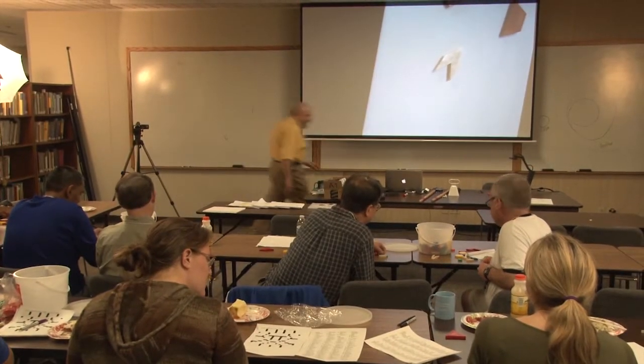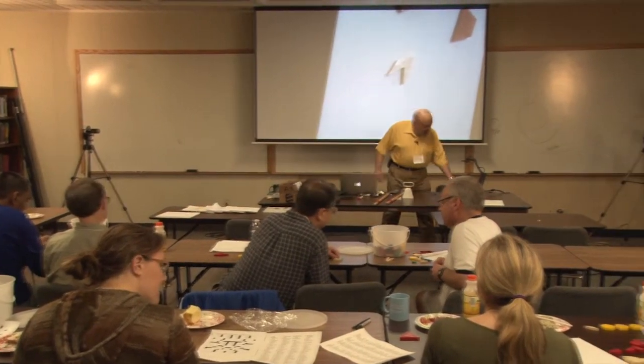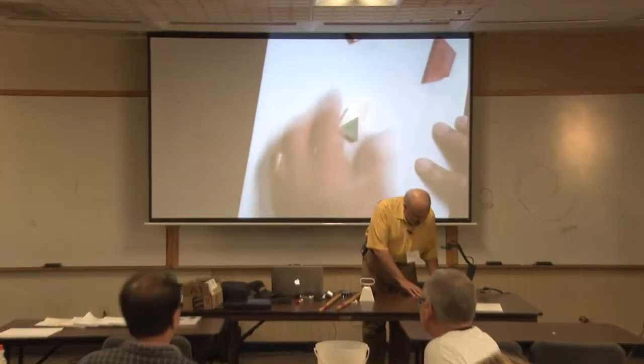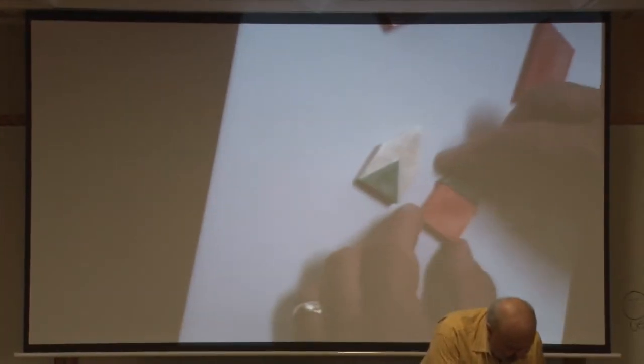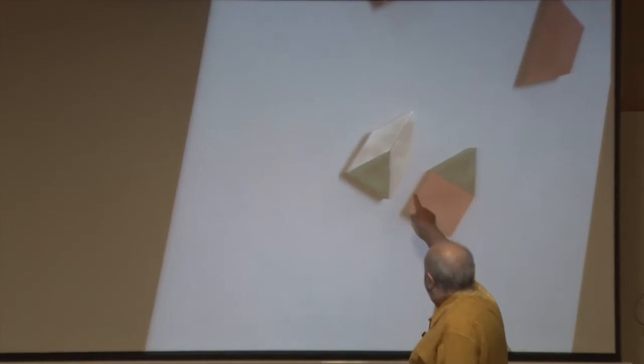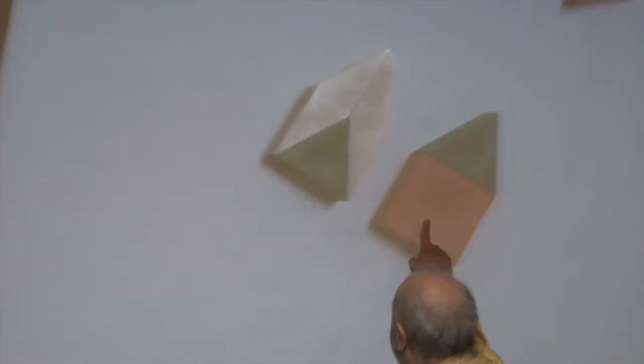Okay. So you can do this shape this way, but the exact same shape this way. And so this has to be half of that. So the area is 1/2.